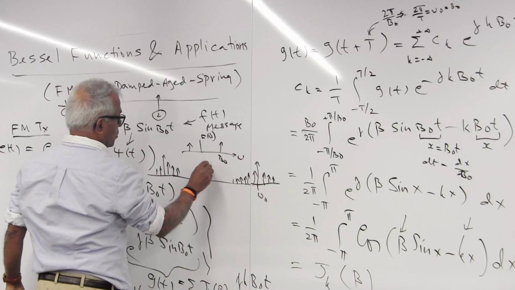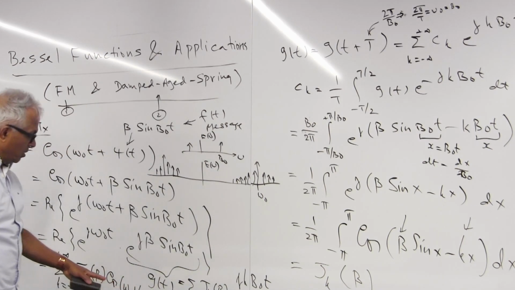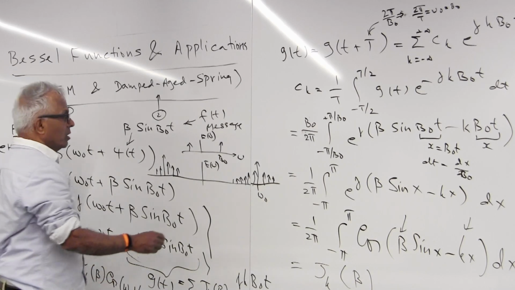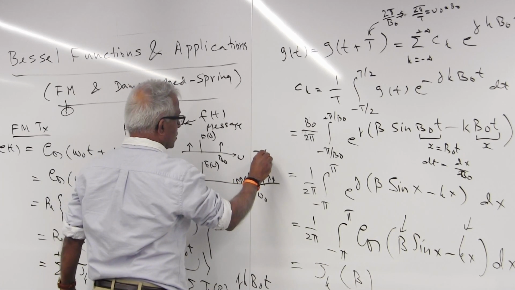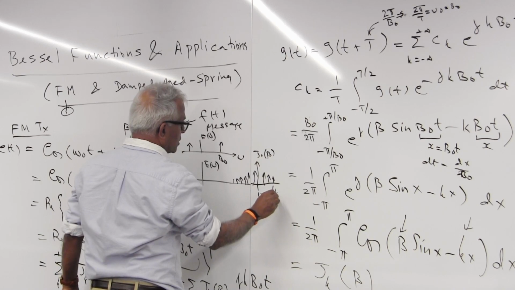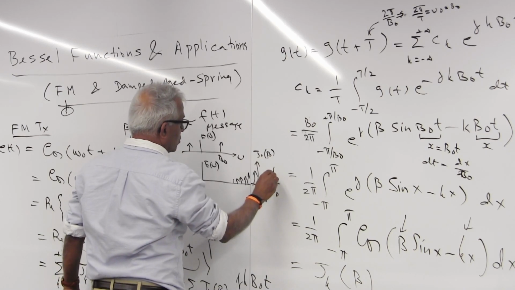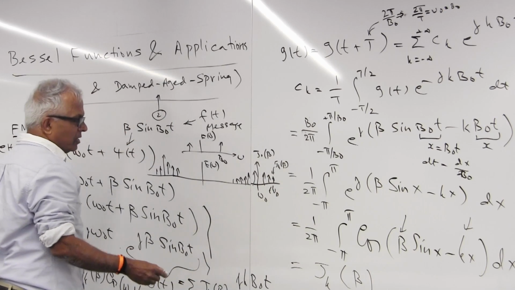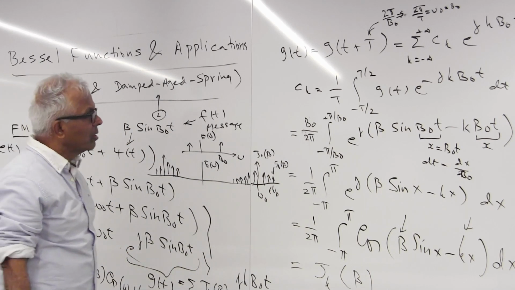So this will be the power spectrum. Because you have omega, k equal to 0, you have omega naught, the carrier, with the J0 of beta. And at some omega, k omega naught, you have Jk of beta. So the Jk's are well known.